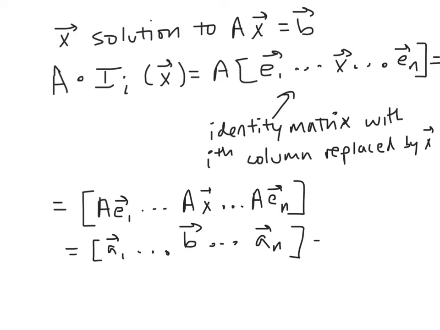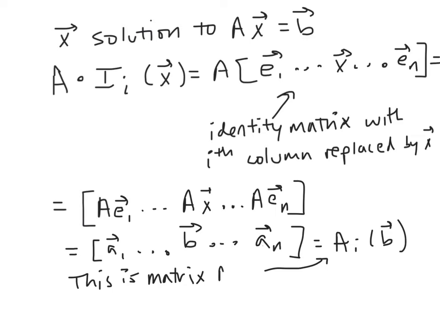So what we're getting is the matrix A, where we've replaced the ith column by the vector B. So this is the matrix A with ith column replaced by the vector B.